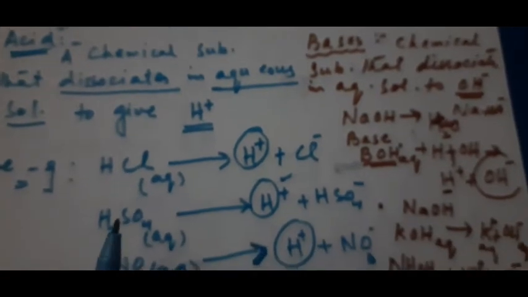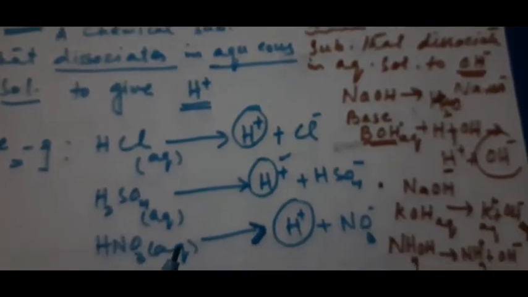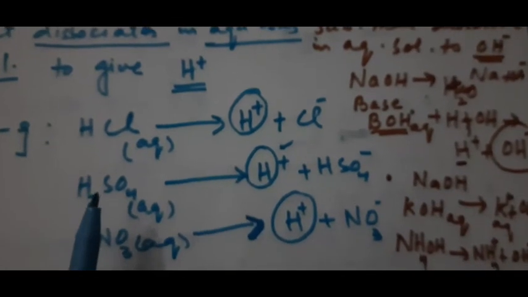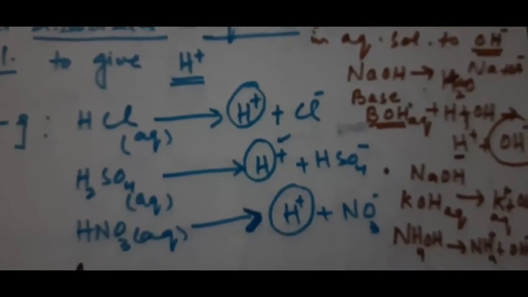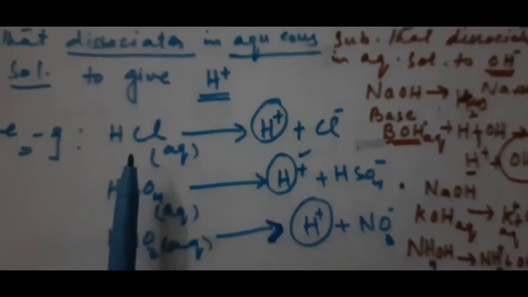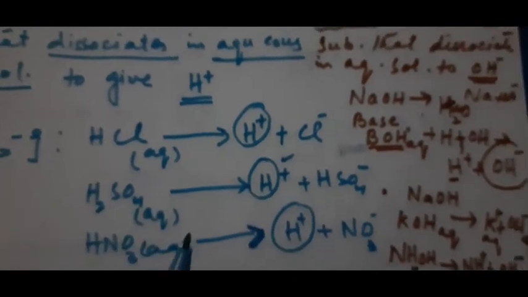Examples of acids are HCl, hydrochloric acid, H2SO4, sulfuric acid, and HNO3, nitric acid. When HCl dissociates in aqueous solution, it gives you hydrogen ion. Similarly, sulfuric acid and nitric acid give you hydrogen ion. It means these chemical substances are acids.